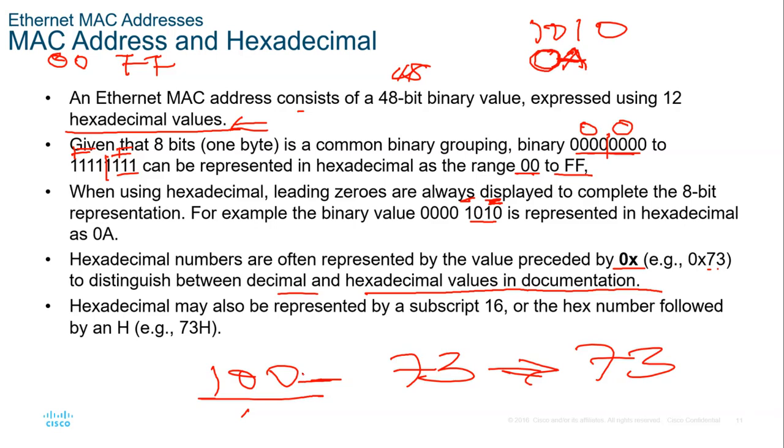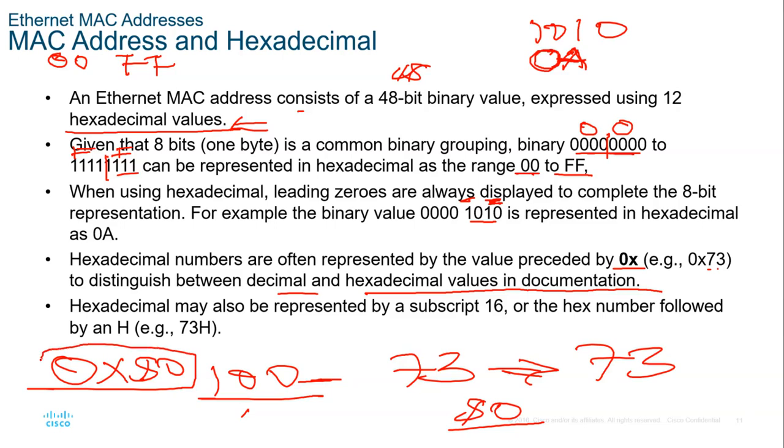So to distinguish hexadecimal from decimal numbers, if, for example, I have something like 80, which you can confuse as either decimal or hexadecimal, I can precede it with 0x, which indicates that it's a hexadecimal number.